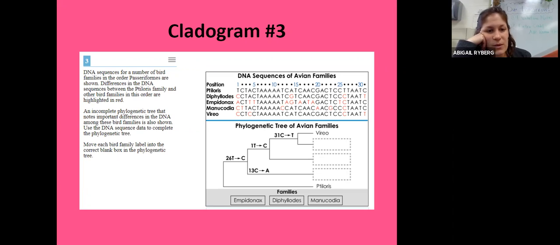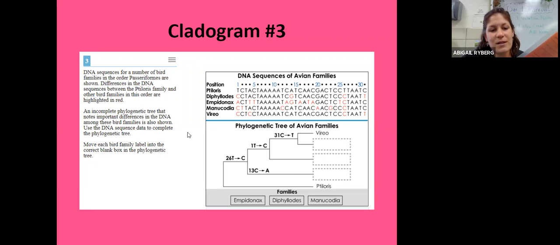So it says DNA sequences for a number of bird families in the order Passeriformes are shown. Differences in the DNA sequences between the Ptiloris family and other bird families in this order are highlighted in red. An incomplete phylogenetic tree that notes important differences in the DNA among these bird families is also shown.